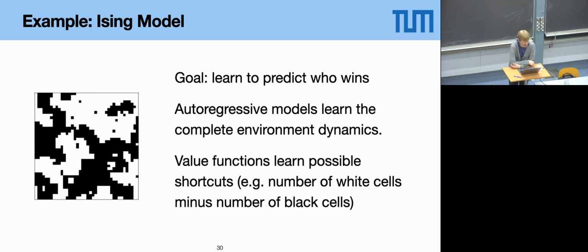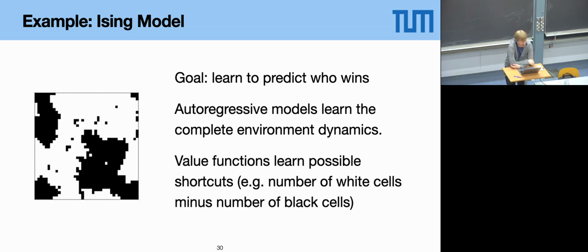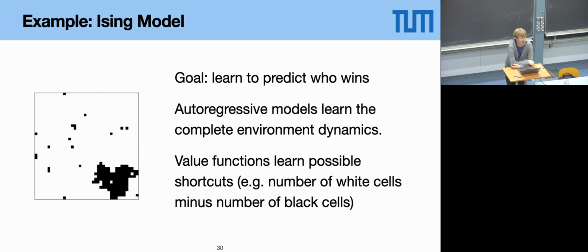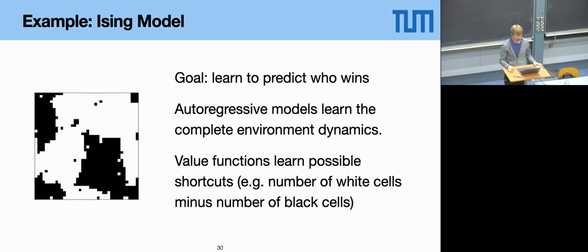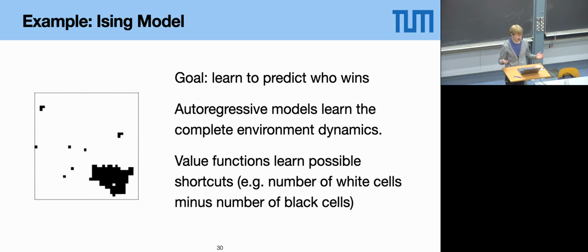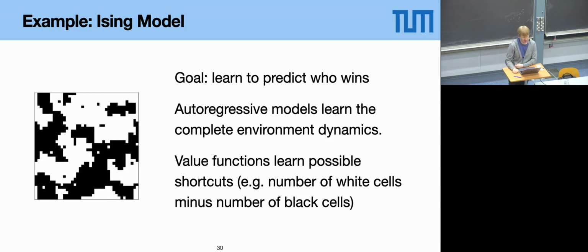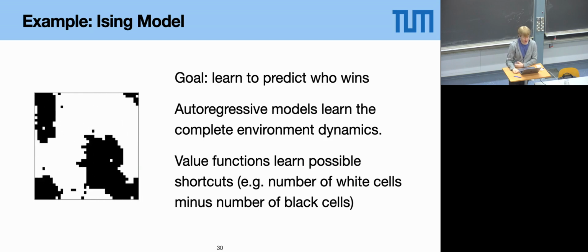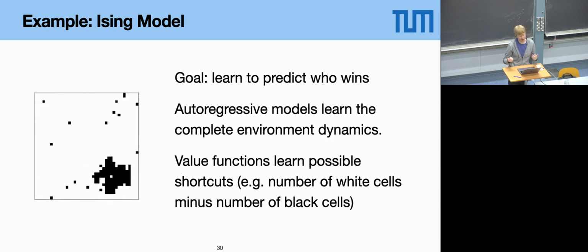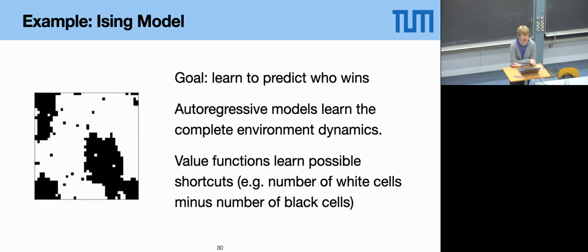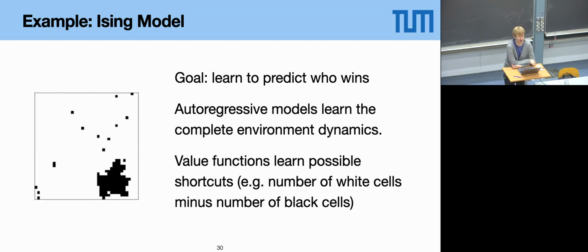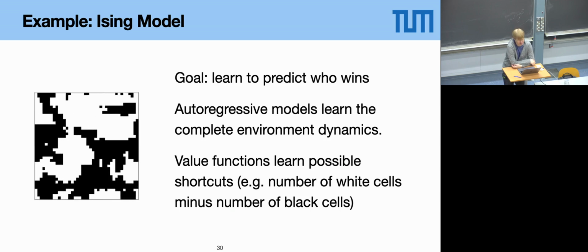For instance, if at some point in time you have 3 times as many white cells as black cells, then it's almost certain that white is going to make it in the end. Another feature that could be learned by such a value function is that it could look out for clusters. If there are some big clusters of white or black cells, then this makes winning all the more likely.